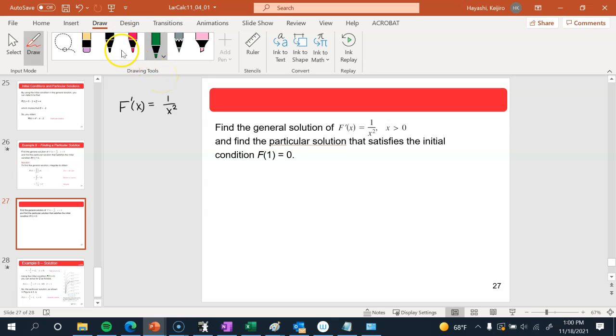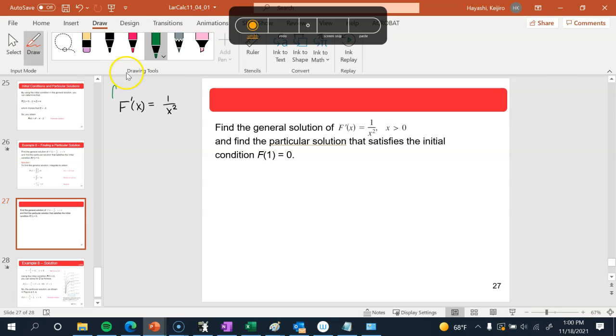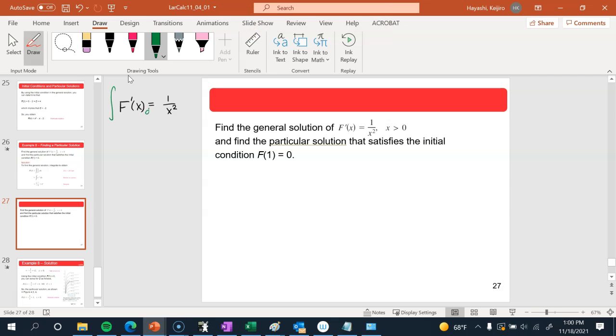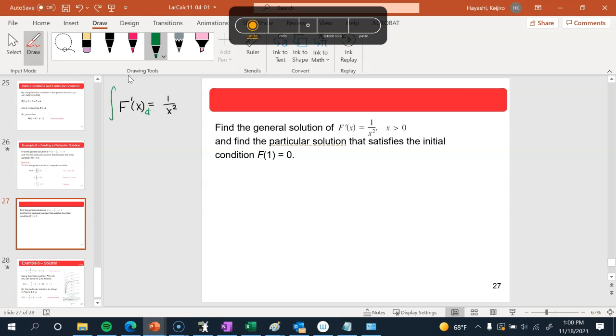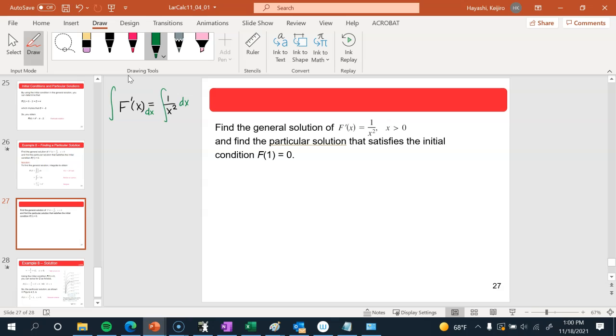So what we can do is, this isn't necessarily reasoning that you're going to have to do, but basically what's happening is if you put this integral sign and this dx on both sides, integrals and derivatives cancel each other out, so this left side just ends up becoming regular F, which is what you're looking for, by the way. And the right side turns out to be the integral of 1 over x squared dx.